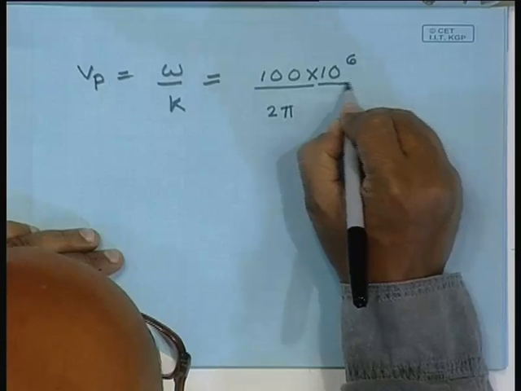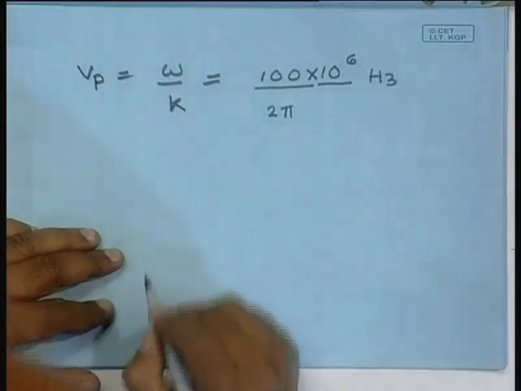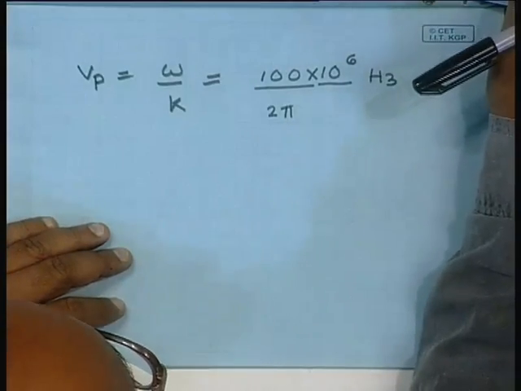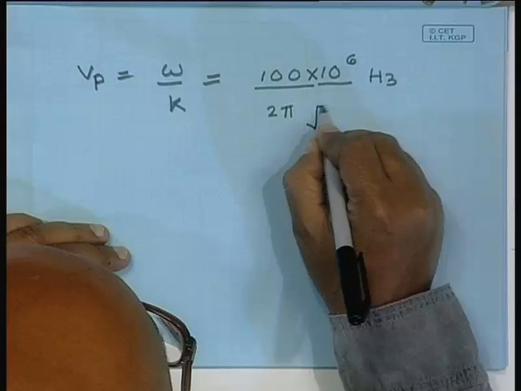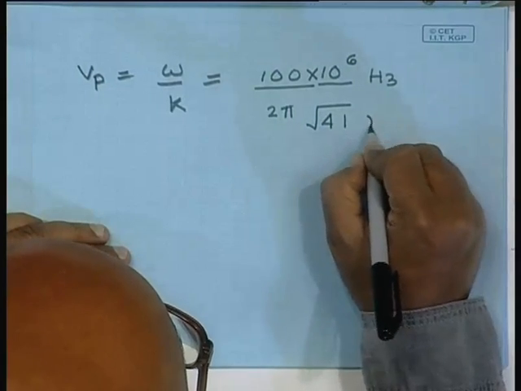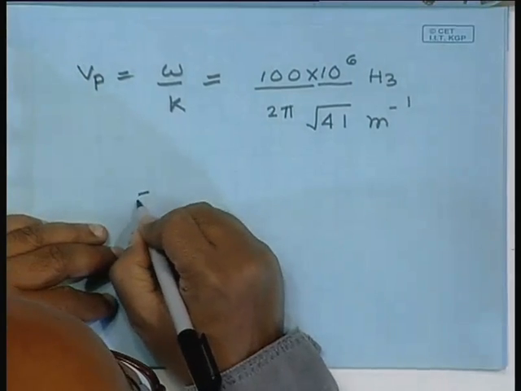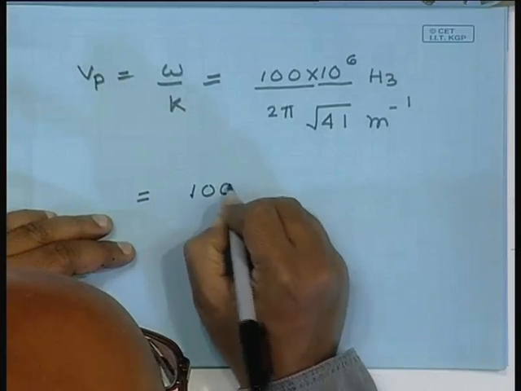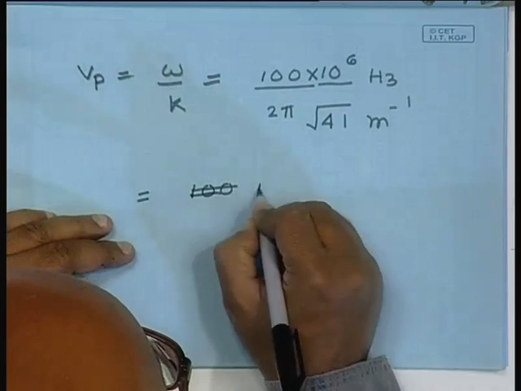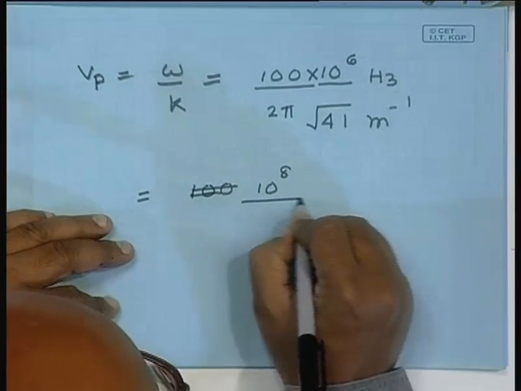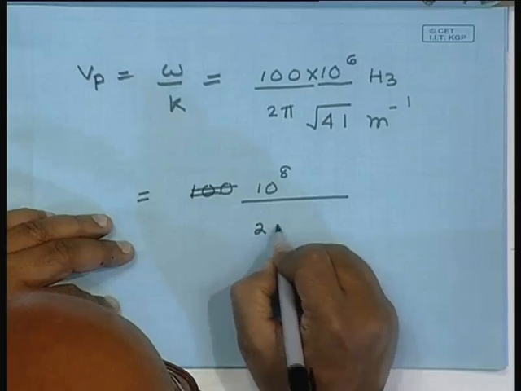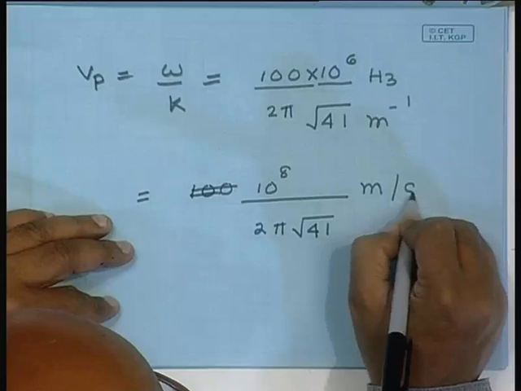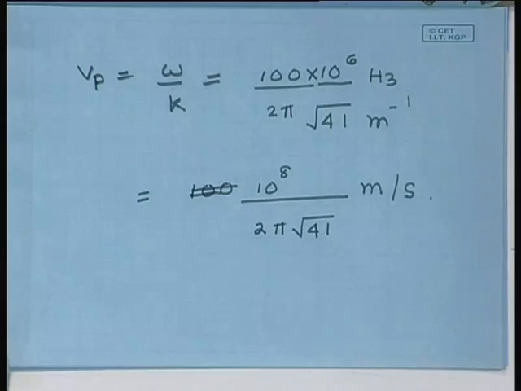So this is the value in hertz, and k has a value which is root 41 meter inverse. So the phase velocity has a value 10 to the power 8 divided by 2 pi root 41 meters per second. So this is the phase velocity of the wave.